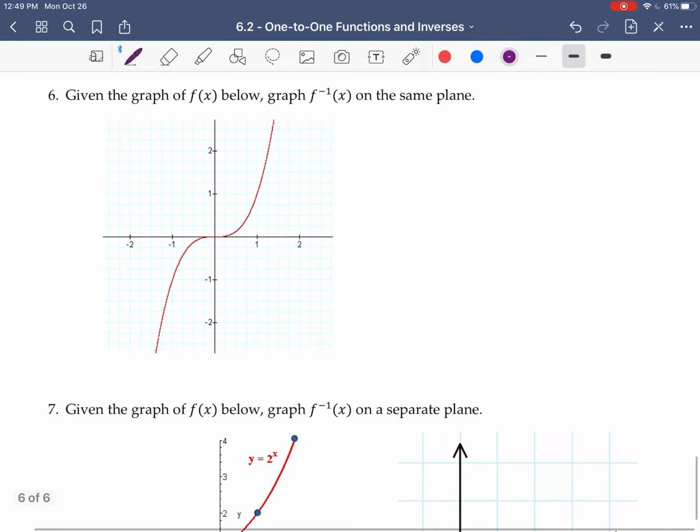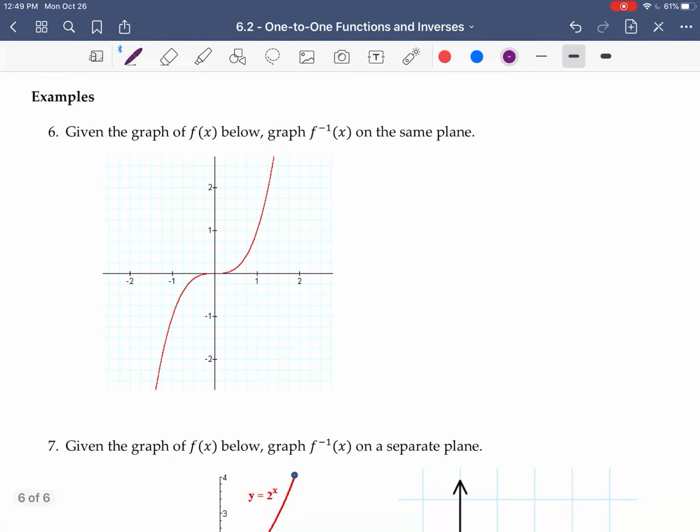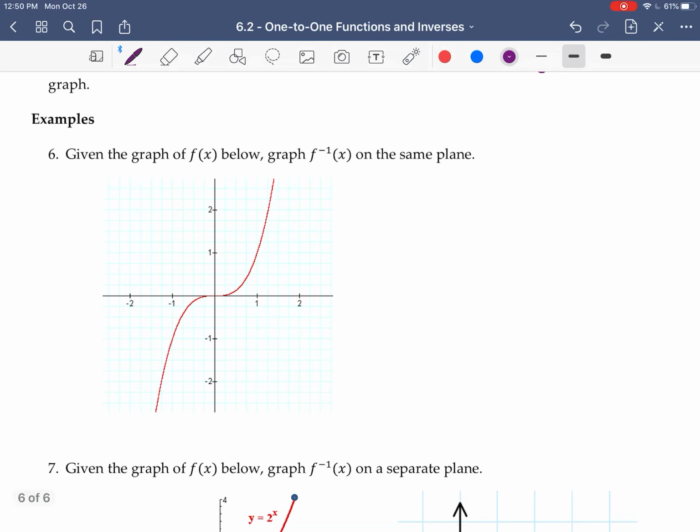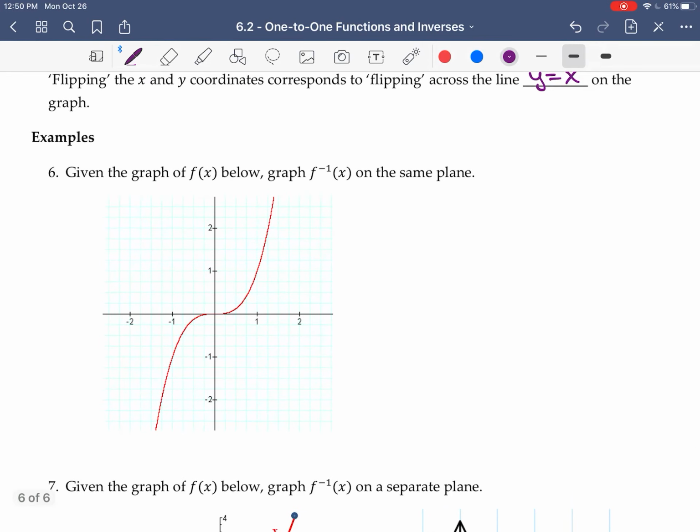So for this one, I have the graph of y equals x cubed. We have the point (0, 0), (1, 1), and (-1, -1).